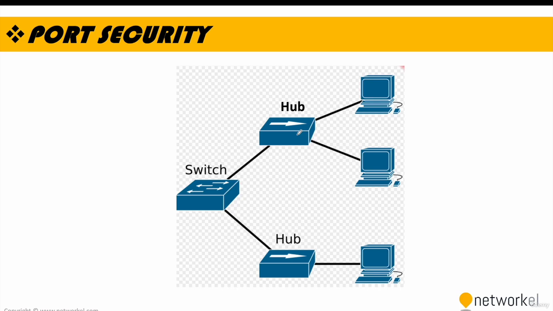So what I'm trying to say here, I have this port of this switch, let's say port 1, and I have this port of the switch, let's say port 2.